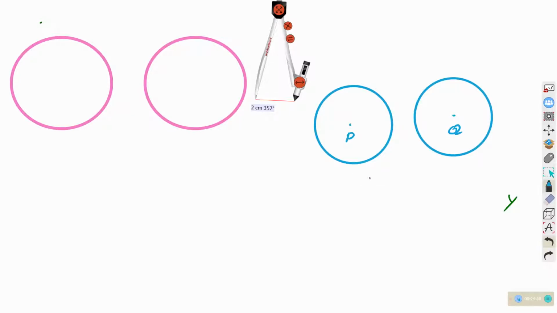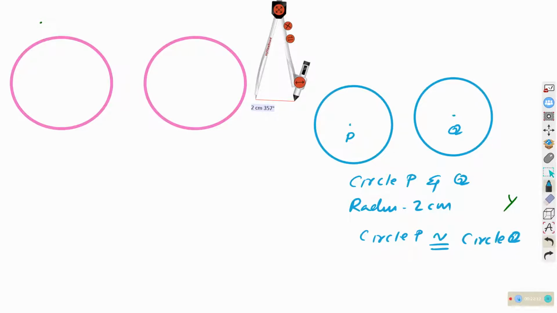Let us name the circles P and Q. Circles P and Q have a radius equal to 2 centimeter. So circle P is congruent to circle Q.